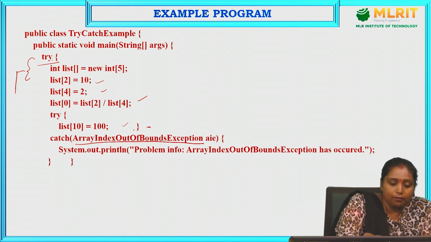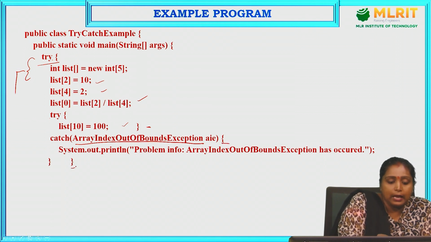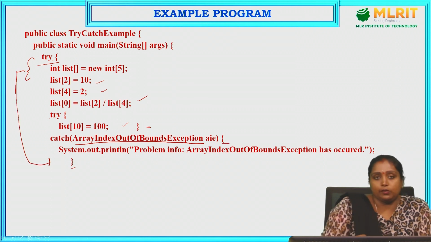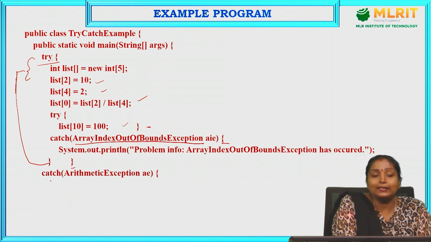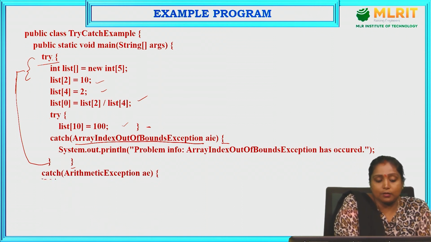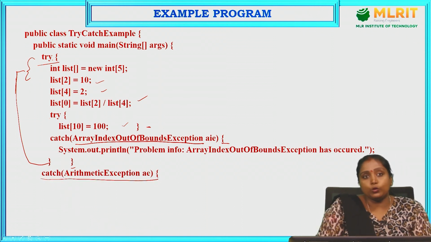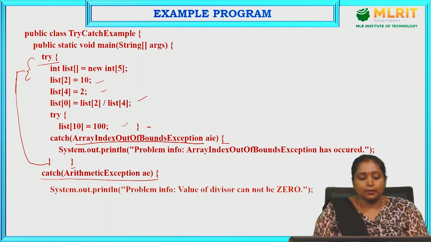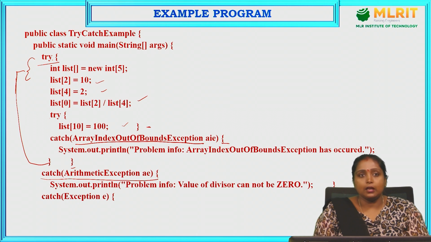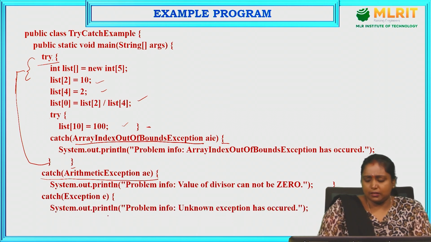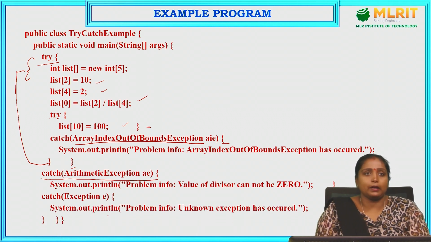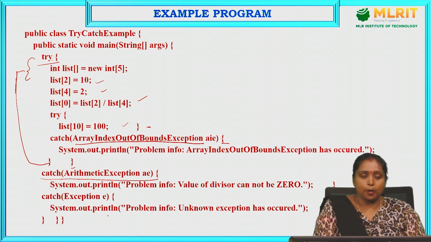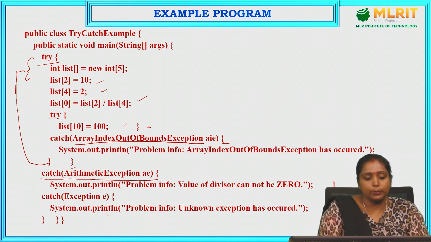I have closed this one and the outer try block also. Now I have to write the catch block for the outer try block. It might lead to an arithmetic exception, so I am writing an arithmetic exception, and a general catch exception in case it occurs. This is how nested try blocks happen.